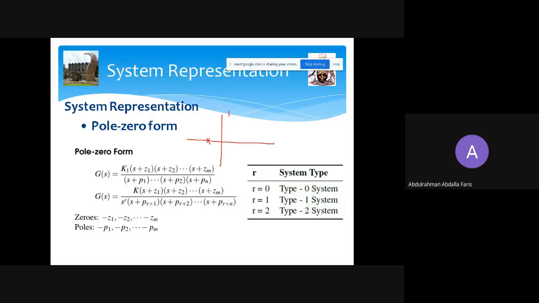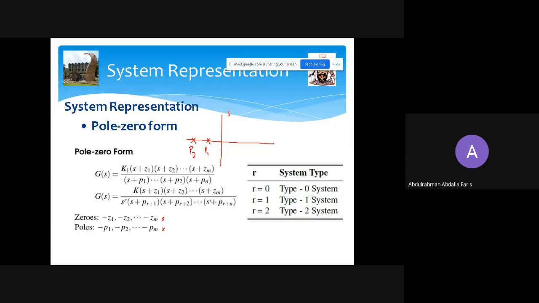So we can say maybe that is p1, and this is maybe p2. And for a zero, we denote it with a circle. For poles, you equate the denominator to 0, and then you find those roots.